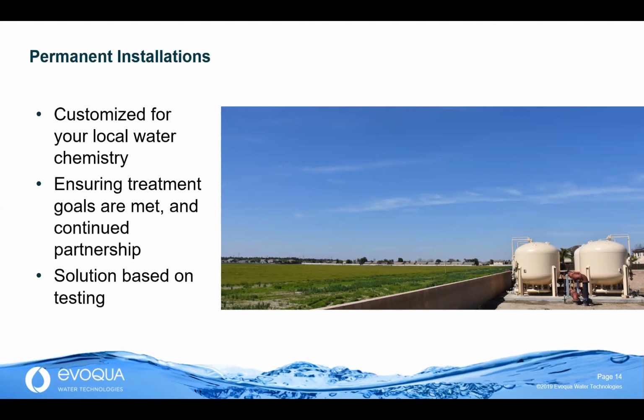The other option is on-site piloting, where a provider would send a small scale pilot unit that would run a slipstream on your water at a reduced flow rate, usually a few gallons a minute. The advantage of this is that you actually would take into account seasonality. So this pilot would run for months on end at your facility.